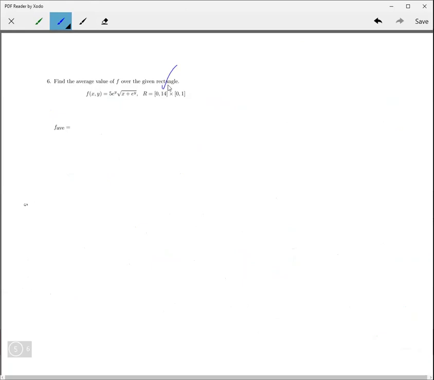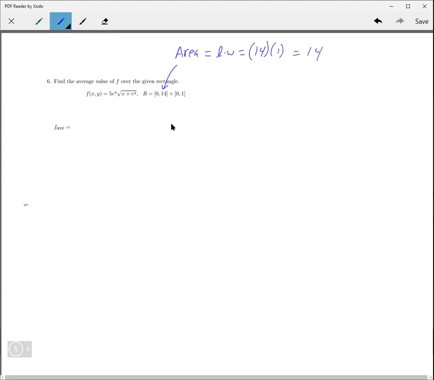Okay, so first of all, what's the area of the rectangle? Length times width. Yeah, so the width is 14, the length is 1, so that's 14.